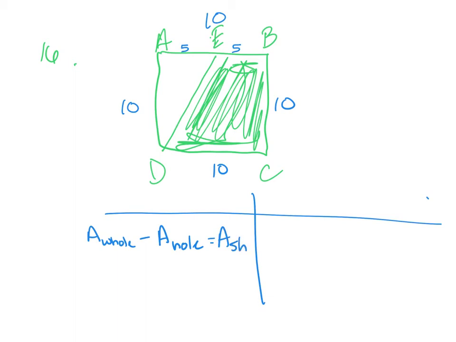Got it? Yeah. So the area of the whole thing is 100. That's easy, 10 by 10. And now the area of this thing that's not shaded, that's a right triangle with a 5 and a 10. So that's going to be 1/2 base times height, which is 25. So 100 minus 25 is 75.